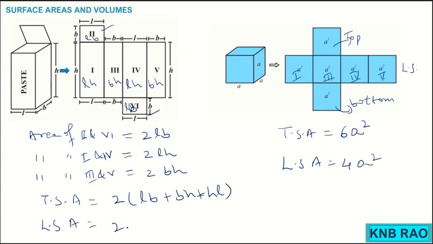So 2 LH added to 2 BH, here 2 is common, H is also common. Let me write in the last that H times 2 times L plus B will give the lateral surface area. Lateral surface area is 2 times (L plus B) into H.